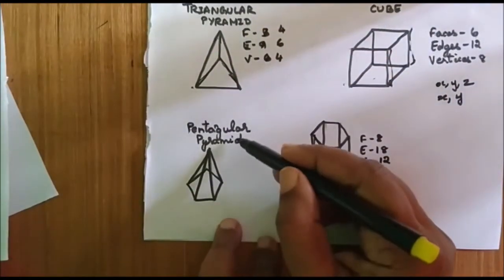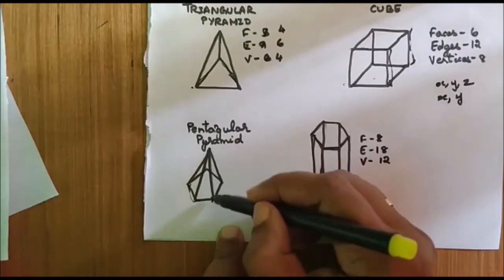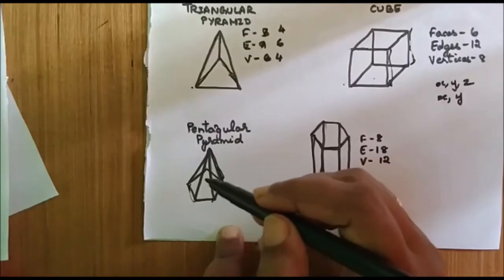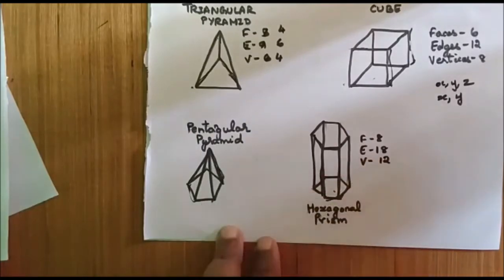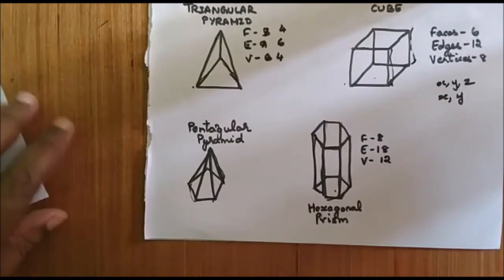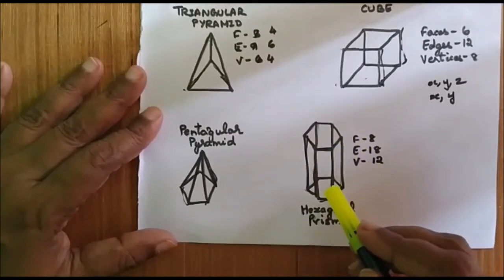Similarly, in this pentagonal pyramid, the base is a pentagon and you have triangles on all the sides. They are joined together by triangles. When they are joined together by triangles, they are called pyramids, and when they are joined together by rectangles, they are called prisms.